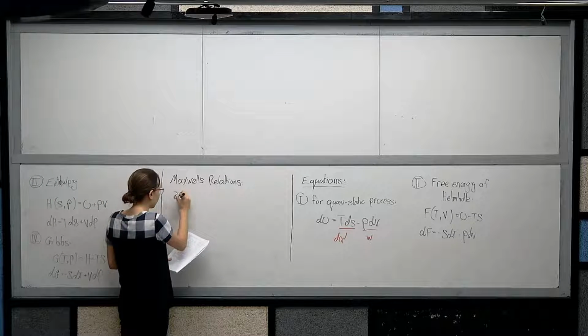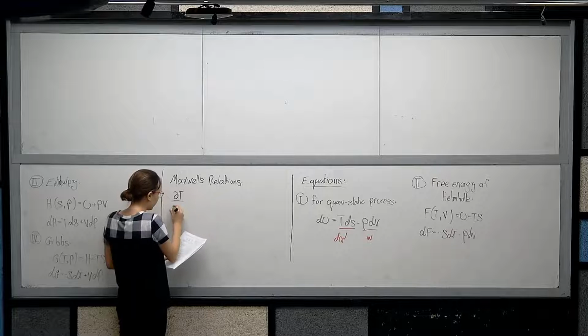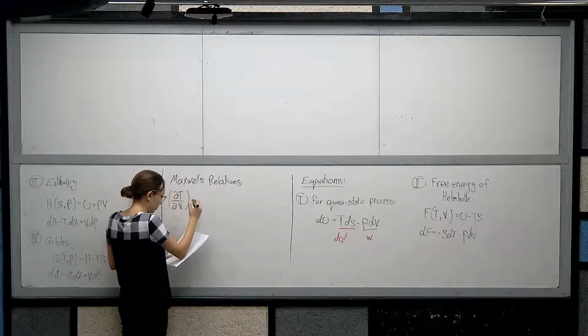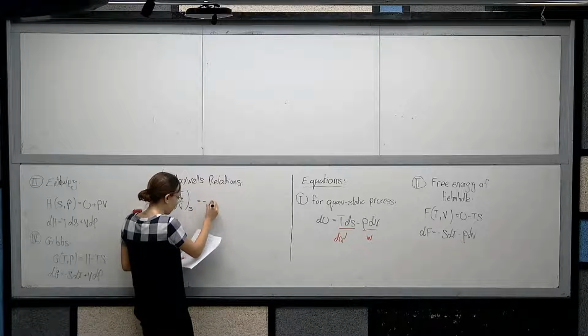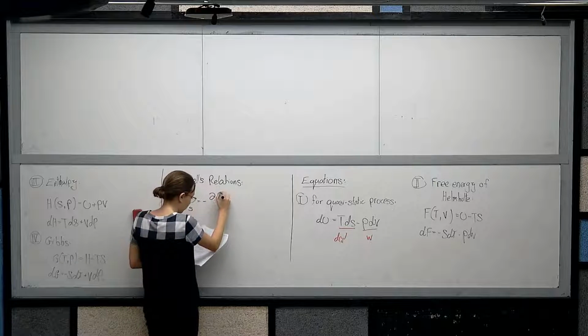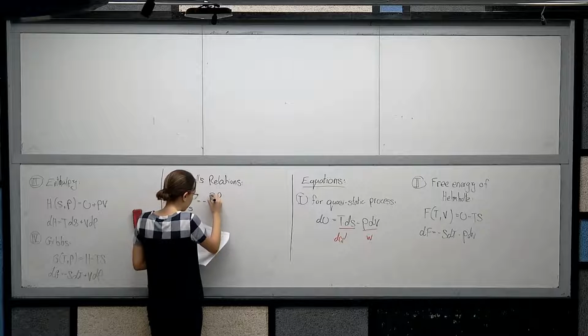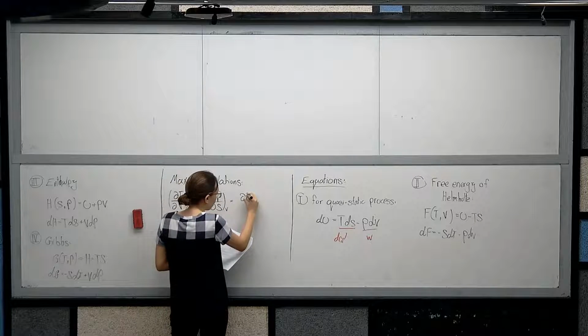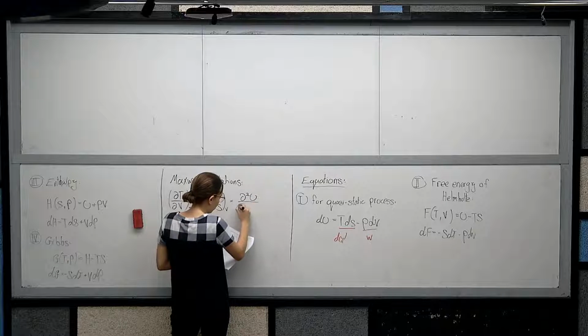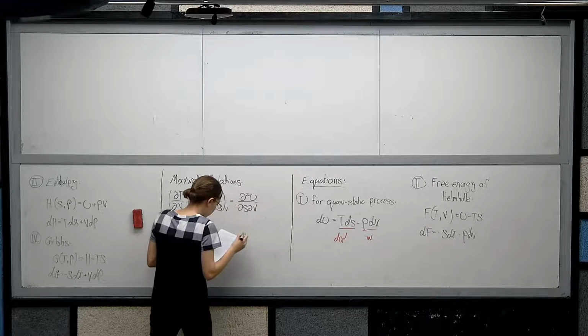So we have the partial derivative of the temperature relative to the volume, where the entropy is constant, equals minus dP to dS, when the volume is constant, equals the second derivative of U with respect to S and V.